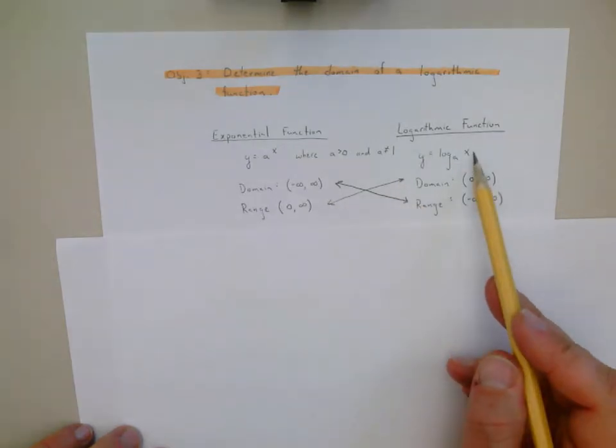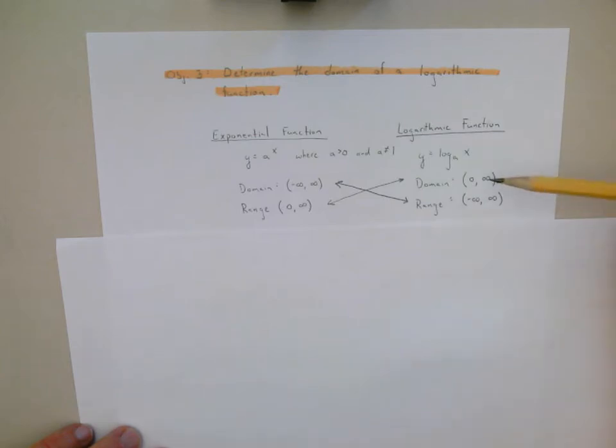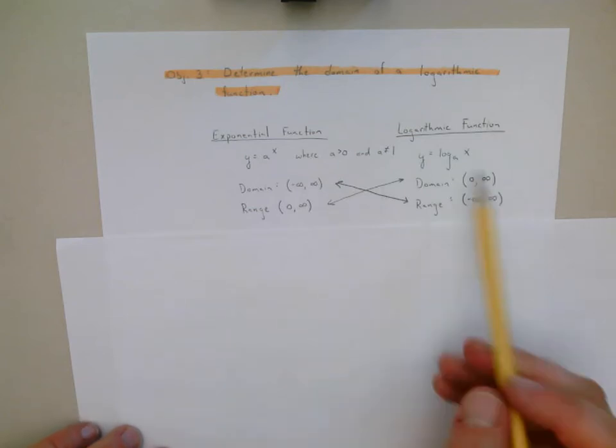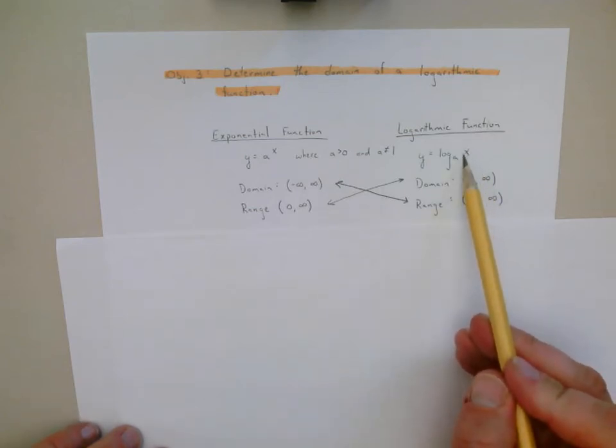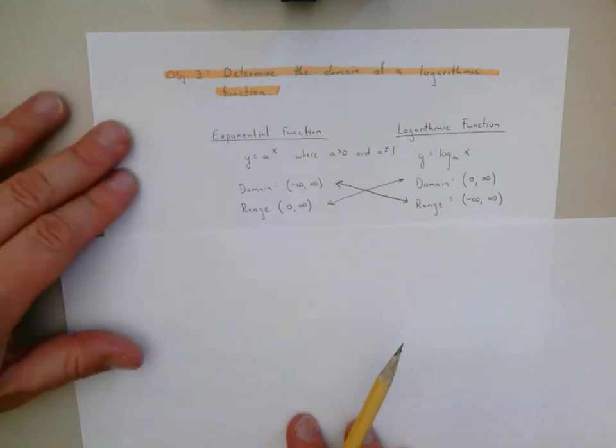So in this instance, y equals log base a of x, the domain is from 0 to infinity, telling us that this x value right here must be what kind of number? Positive. We know that this x value is positive. In a logarithmic function, we can refer to this quantity as the argument.